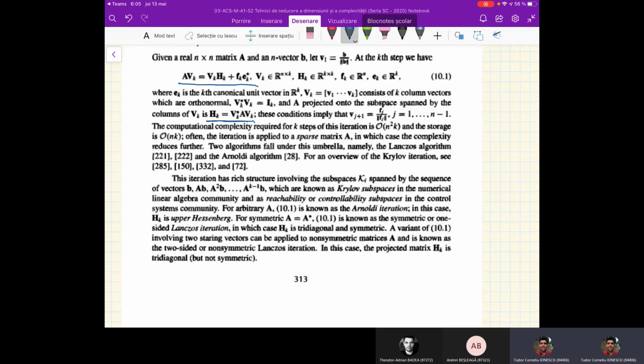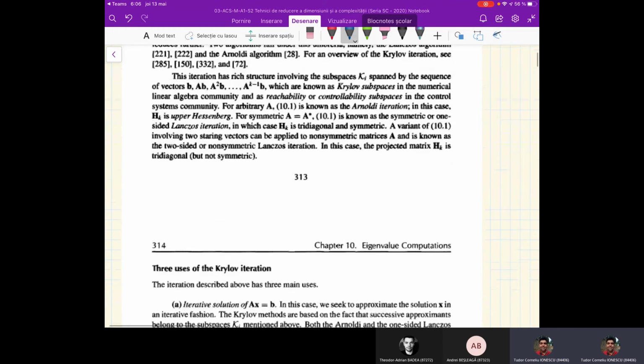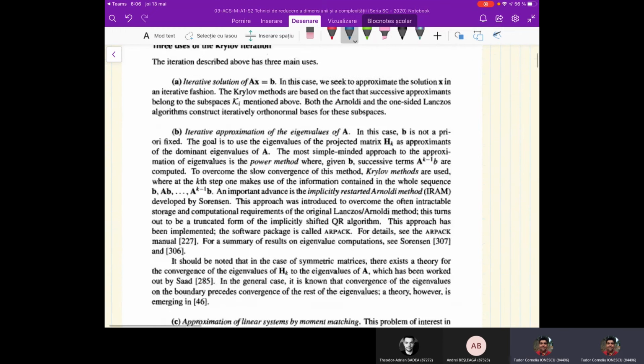The iteration has rich structure, involving the subspace spanned by the sequence of vectors b, Ab, A squared b, up to A to the k minus 1 b, called Krylov subspaces. This is from the book of Antoulas. You can always check the book. All right.